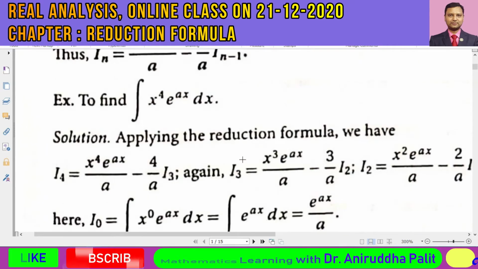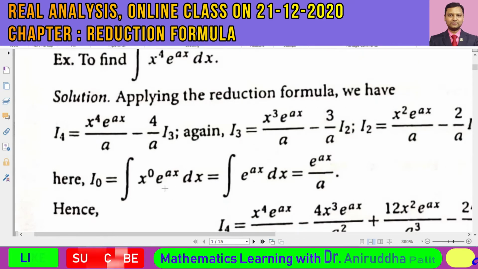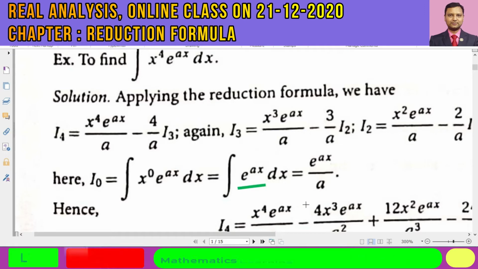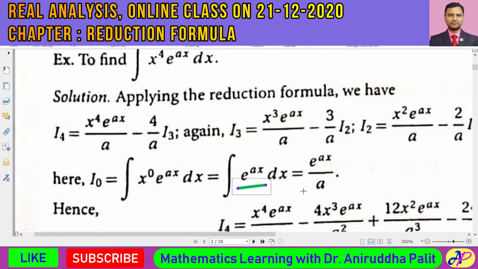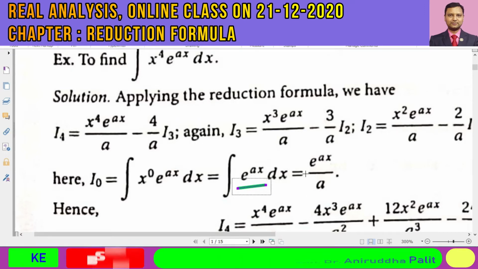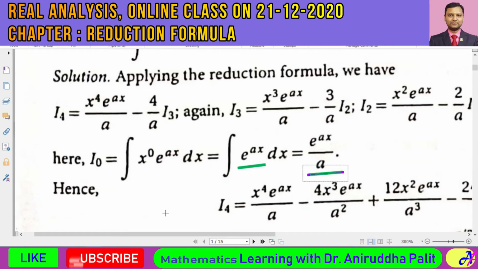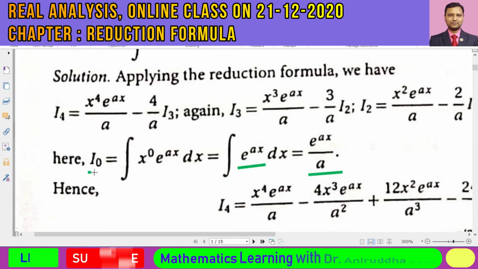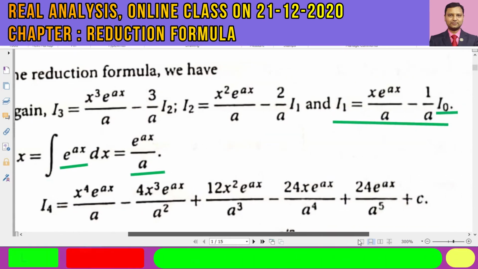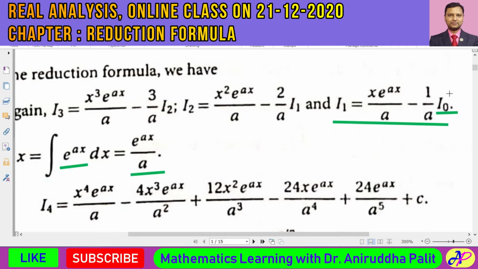So we have x to the power of 0 into e to the power of ax, that is simply equal to the integral of e to the power of ax, and e to the power of ax, when it is integrated with respect to x, we will have e to the power of ax divided by a.